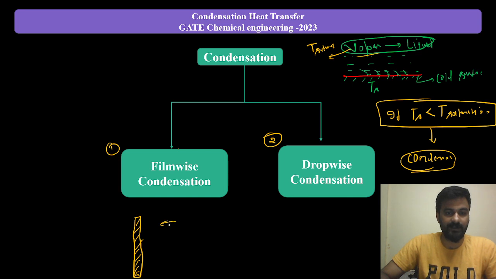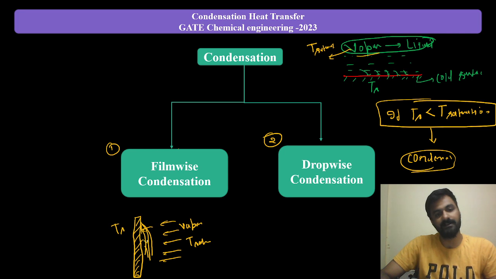This vapor is coming over here, the temperature of the surface is Ts and the temperature of the vapor is T saturation. It will come in contact and try to get condensed over here.